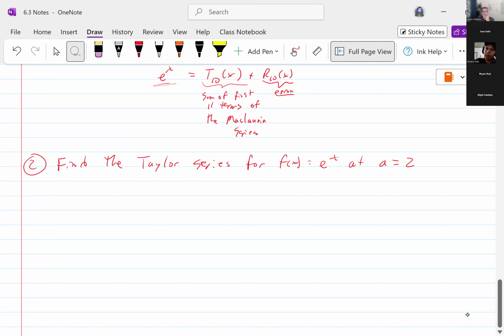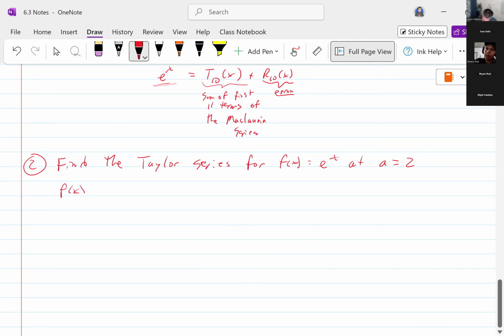So what are we talking about? The Taylor series for f of x equals e to the x at a equals 2. Well, we're not doing a Maclaurin anymore. We're doing a Taylor.